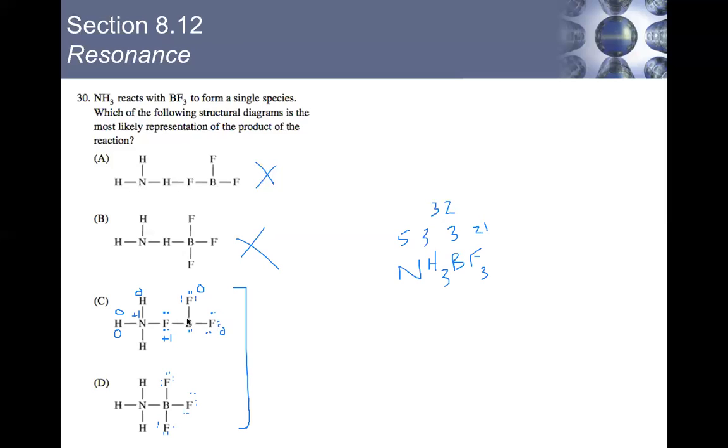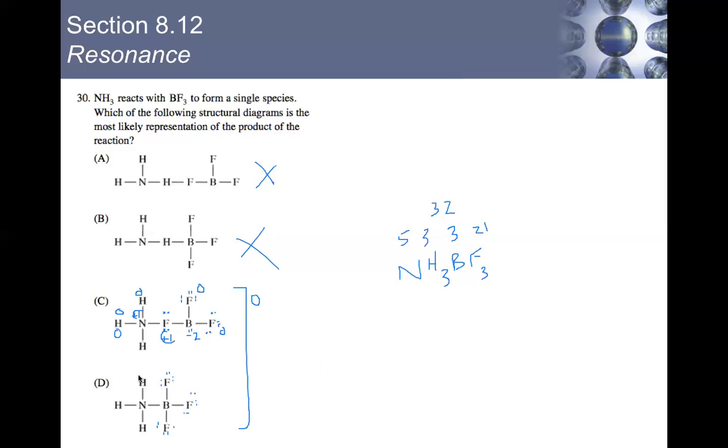Okay. So boron is supposed to have 3. And so that's 1, 2, 3, 4, 5. So minus 2. So overall, does this equal 0? +1, +1, -2. Yeah.